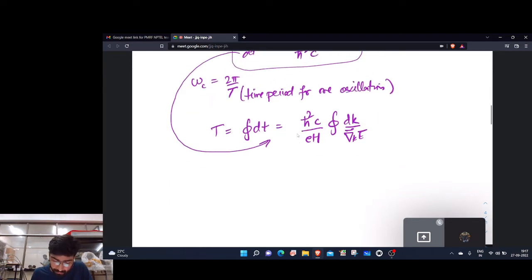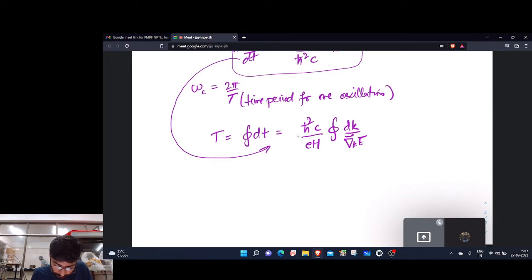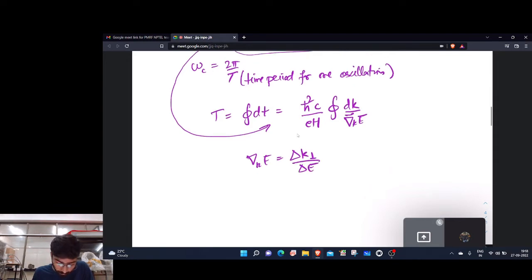Now there is also another relation, that del k/del E is related to delta k perpendicular divided by del E, and therefore the total time period becomes ħ c by eH times 1 by E integral of del k perpendicular dk.